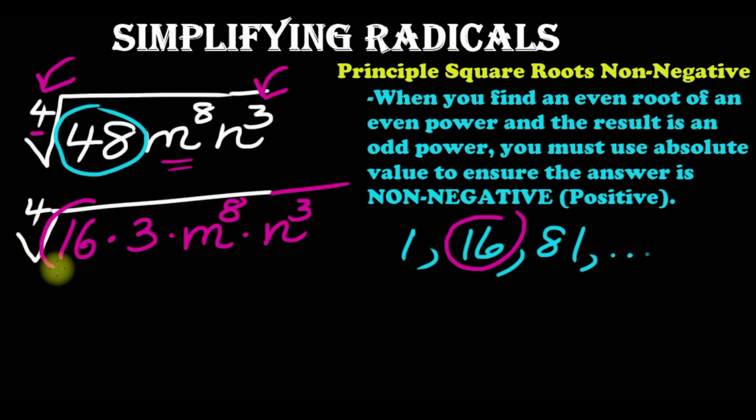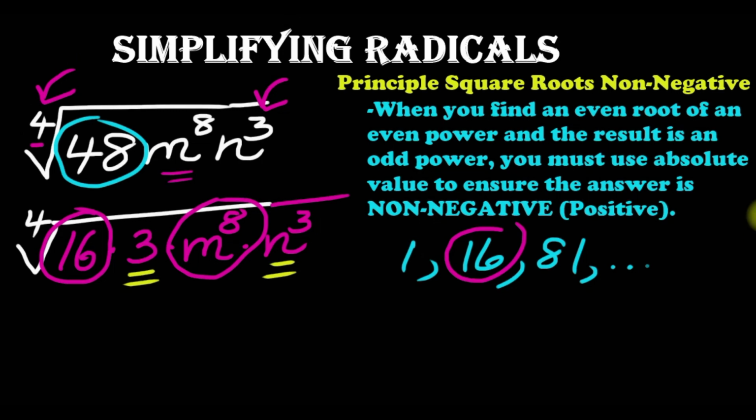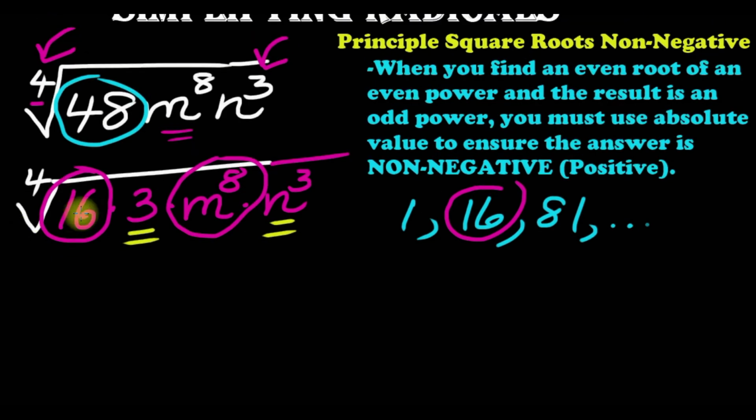So we're going to be able to take the 4th root of 16, and the 4th root of m to the 8. The 3 and the n to the 3rd power are going to stay underneath the radical sign. The 4th root of 16 is 2 because 2 times 2 times 2 times 2 is 16.